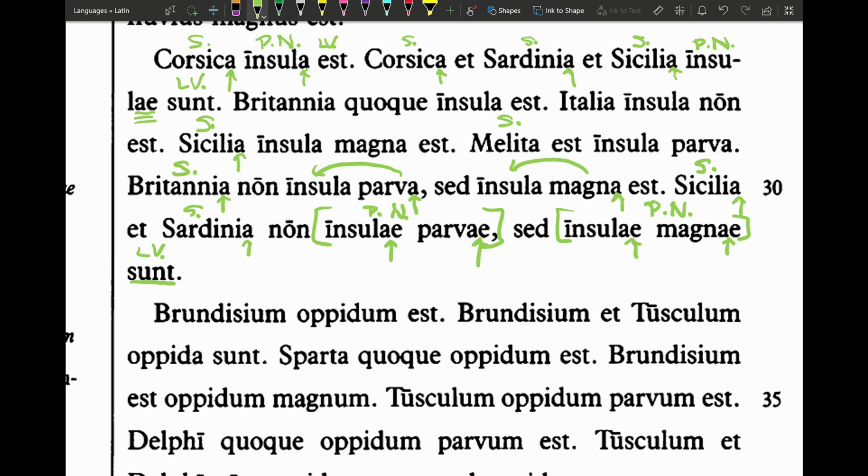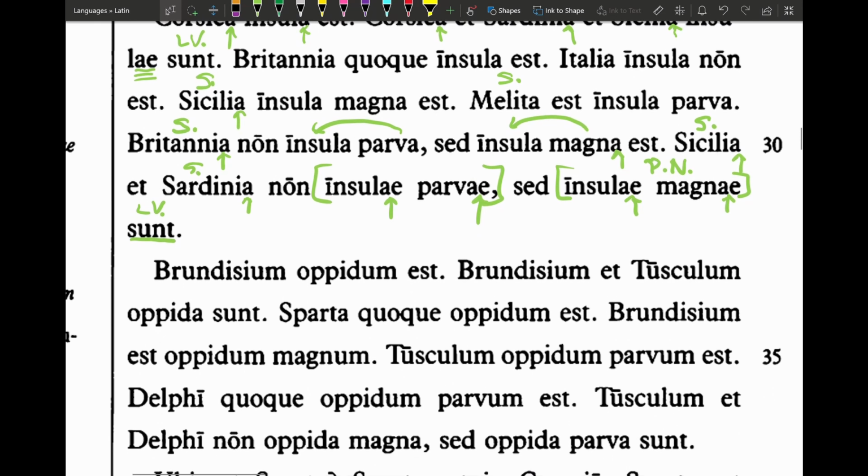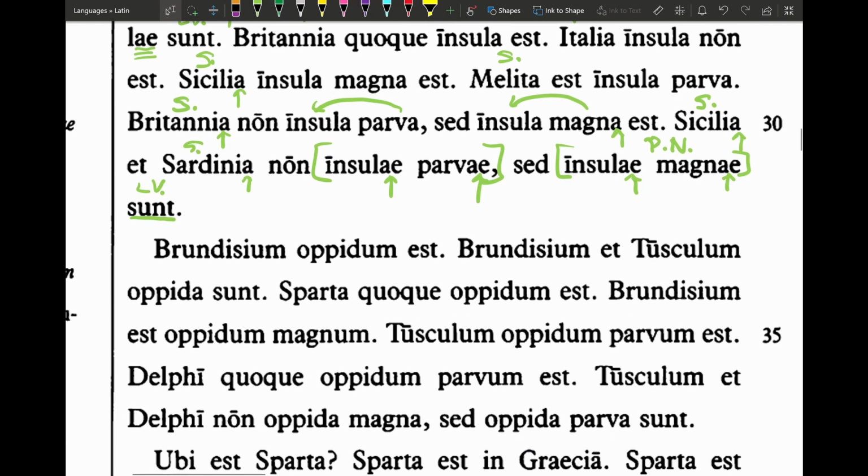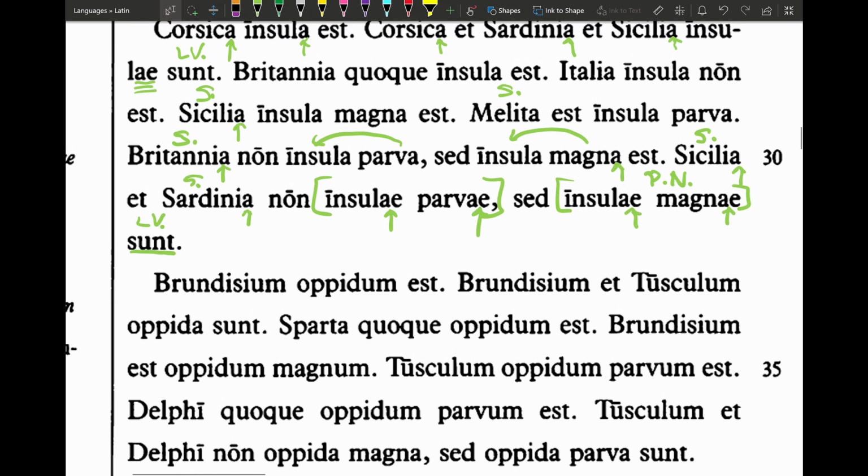So remember, the adjective must always agree with the noun it is modifying in case, number, and gender. All right, moving on down here to some second declension masculine or second declension neuter nouns. Brundisium oppidum est.